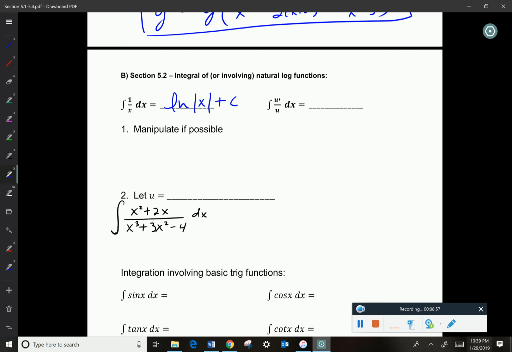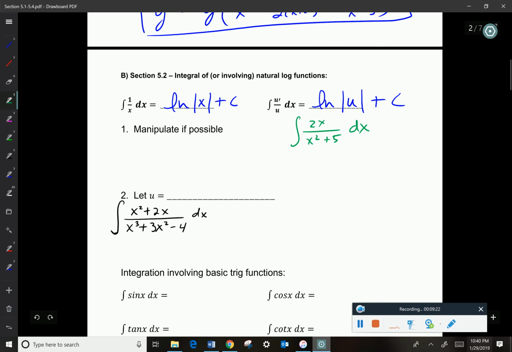And so the generic form, if I integrate u prime over u, that should take me back to just natural log of u. So what I mean by that is, maybe I'm trying to integrate 2x over x squared plus 5.